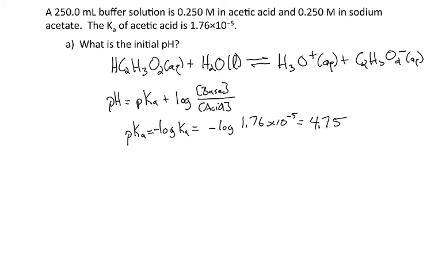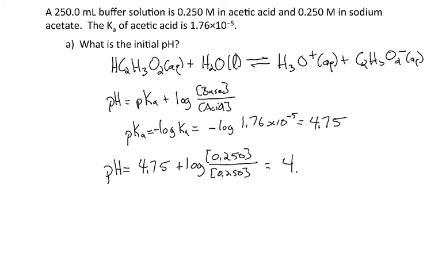All right, so now I can go ahead and plug everything into the Henderson-Hasselbalch equation. So the pH is the pKa, 4.75, plus the log of the concentration of the base, which they told us was 0.25, over the concentration of the acid, which was the same. And so what I have is 4.75 plus the log of 1.